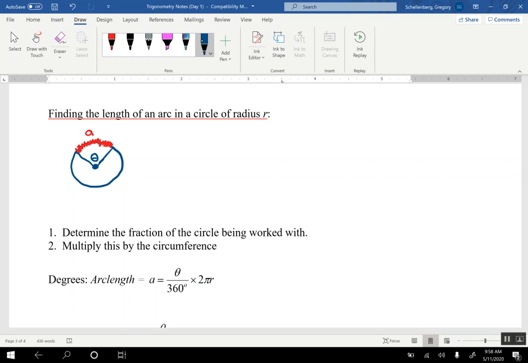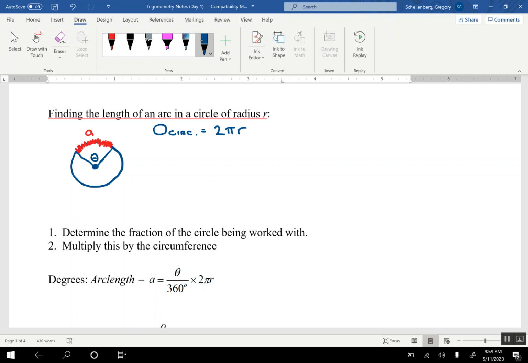So we had talked about this earlier. Our formula for the circumference of a circle is 2 times pi times the radius. Now I want us to think about an idea here.